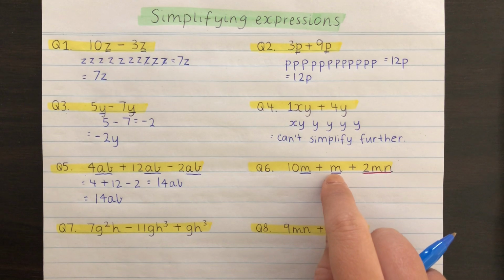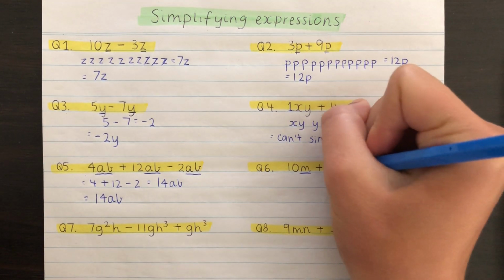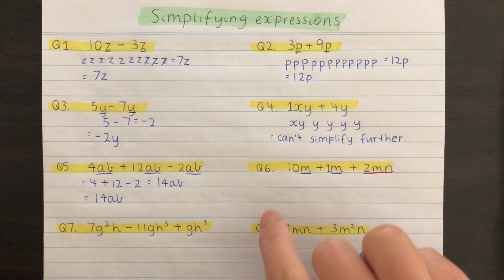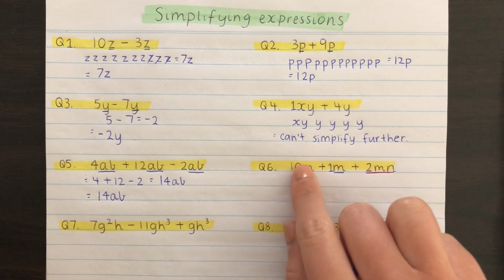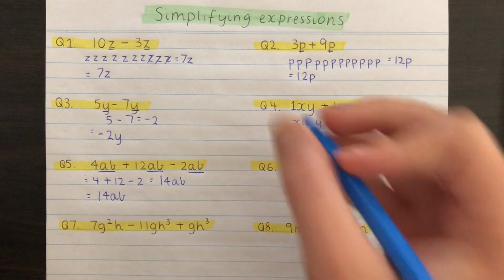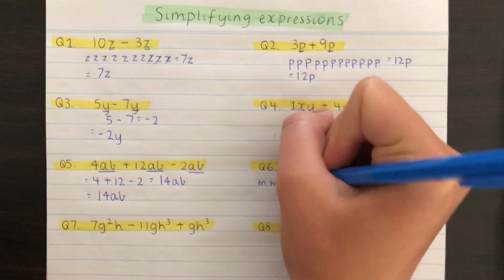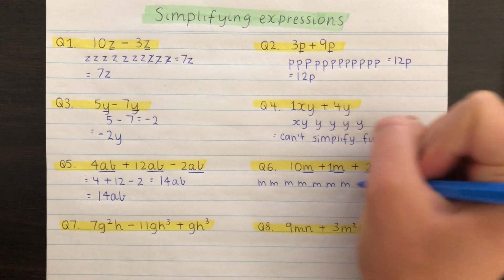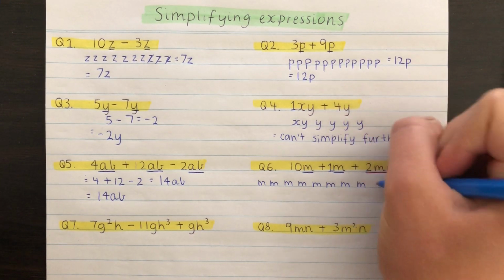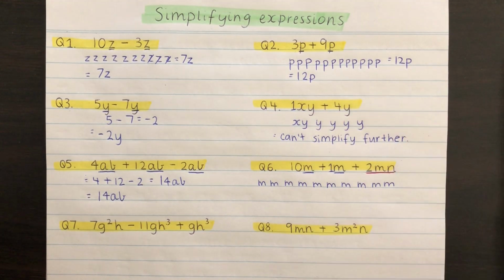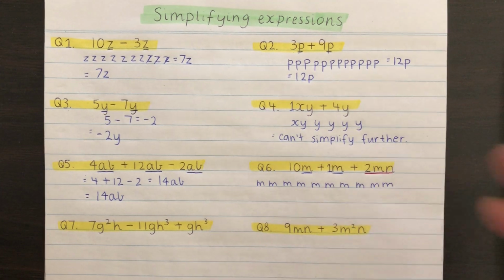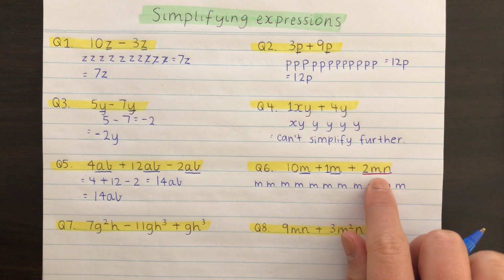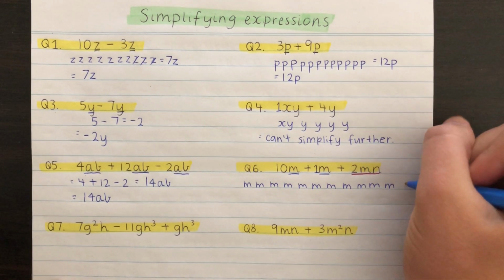So I'm going to go ahead and put a 1 in front of this M. Okay, now this is the same as 10 M's. 1, 2, 3, 4, 5, 6, 7, 8, 9, 10, plus another 1, plus 2 MNs.